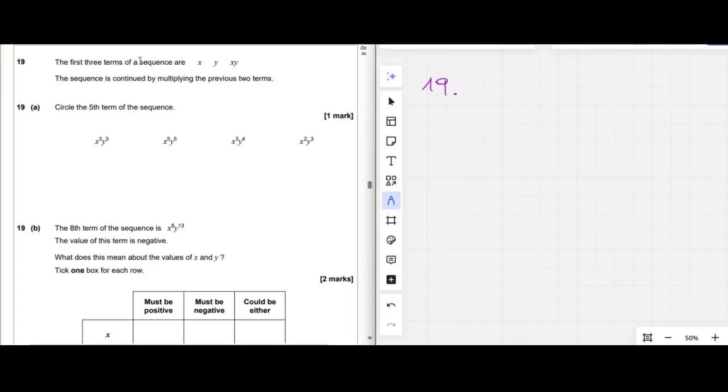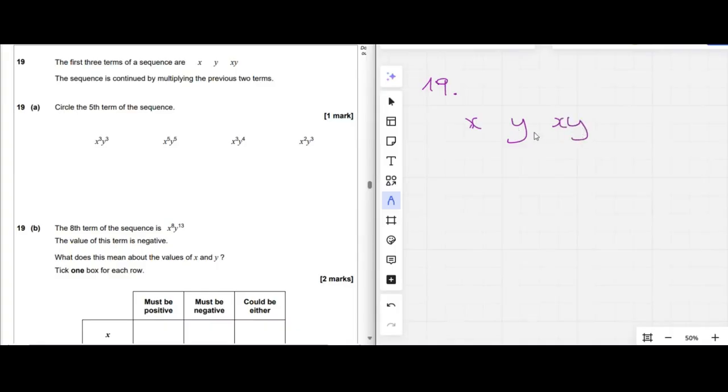The first terms of a sequence are x, y, and xy. So the sequence is continued by multiplying the previous two terms. Okay, so yeah, in fact, if we multiply x and y, it will become xy. Check with the fifth. Okay, so let's start: x, y. If we multiply them, it will be xy.